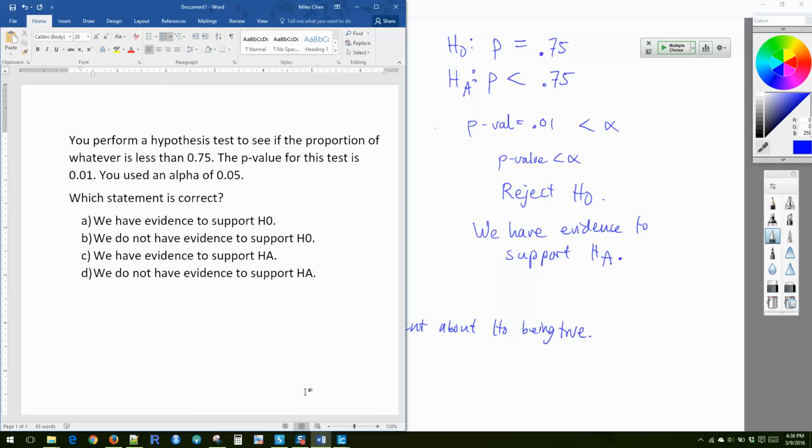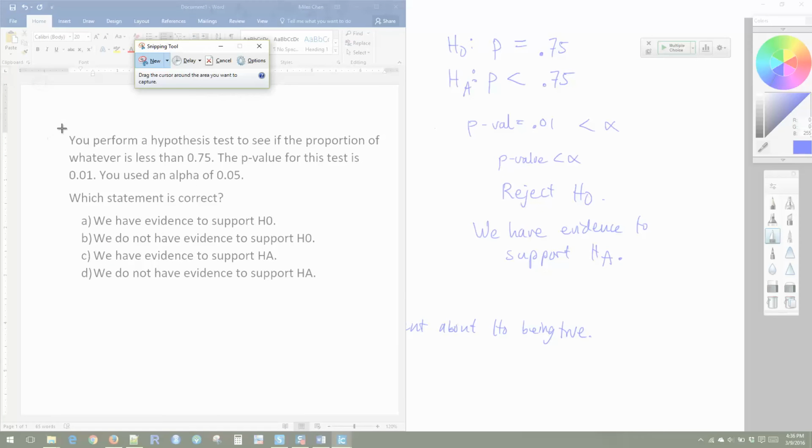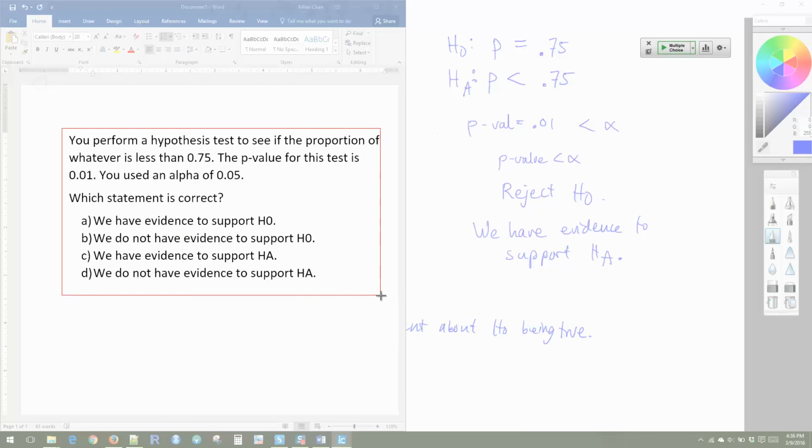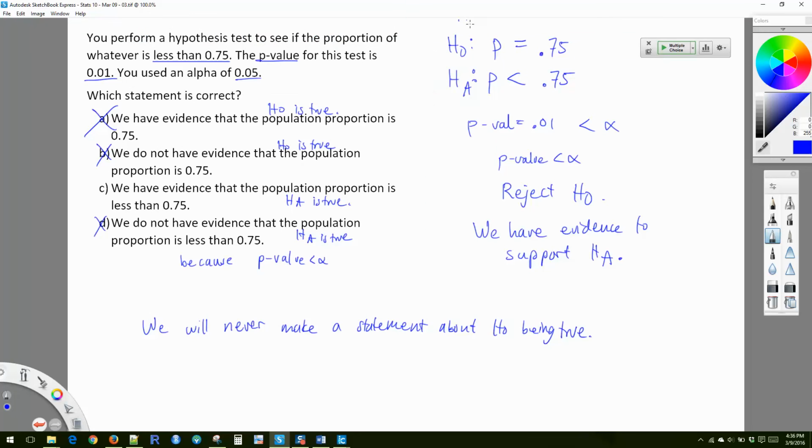So this is the exact same question, just instead of putting it in the appropriate context.